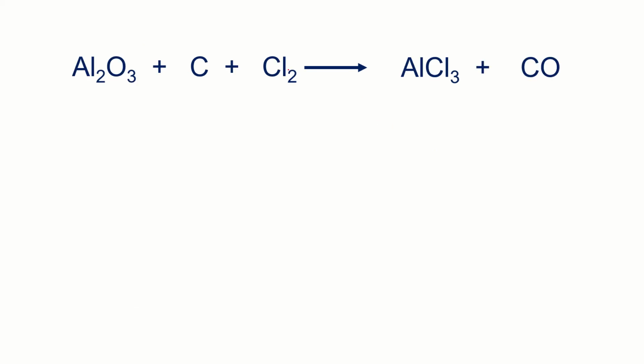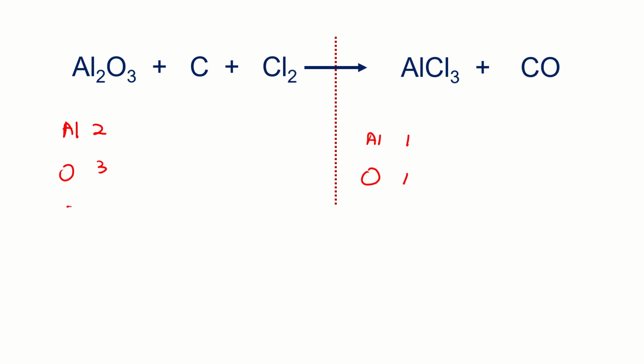Let's take another equation. Sort out the elements on both sides. You have 2 aluminums on reactants, but 1 aluminum on product. You have 3 oxygen on reactant, but only 1 oxygen on product.